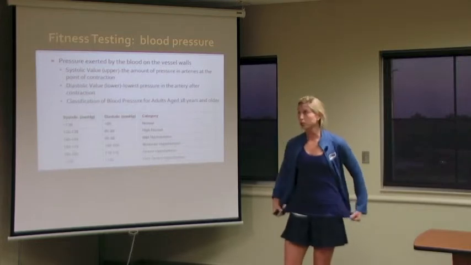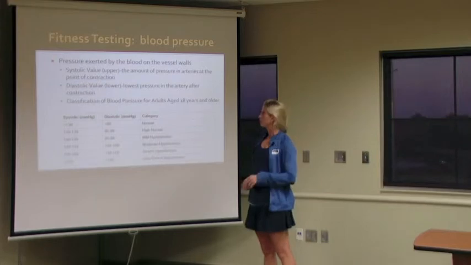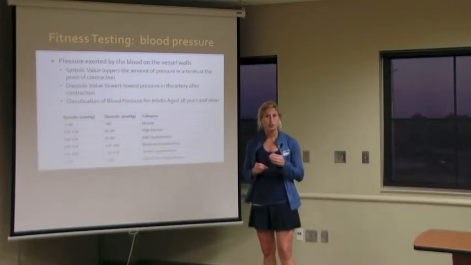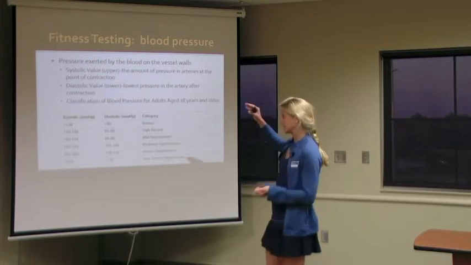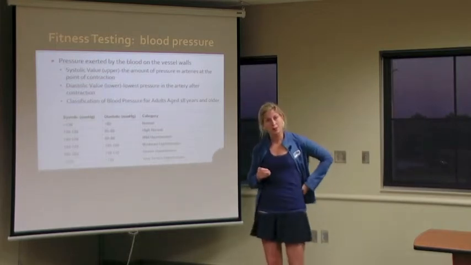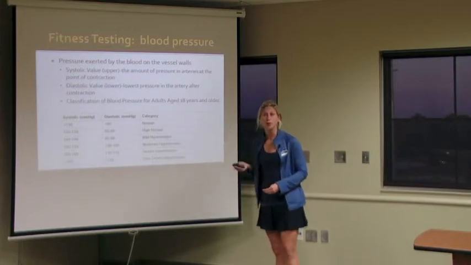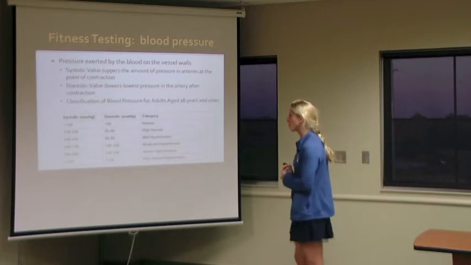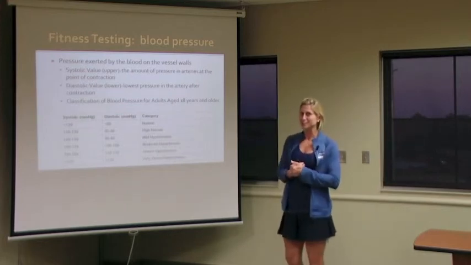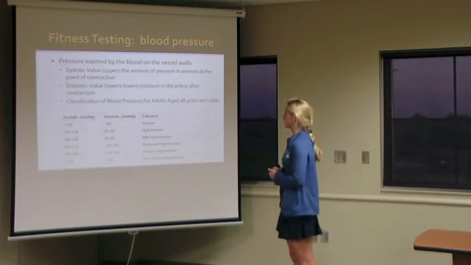Now the blood pressure, just a refresher on what blood pressure is: it is the pressure exerted on the blood vessel walls. We have a systolic and a diastolic number, and unless you are a physician, you cannot diagnose someone with hypertension. So make sure you don't do this to a client that has come in and you are doing their fitness assessment.